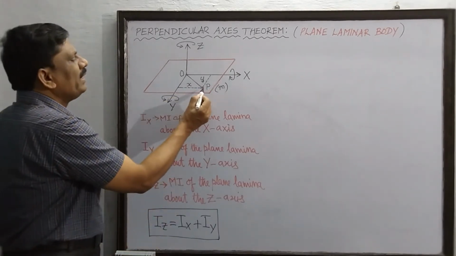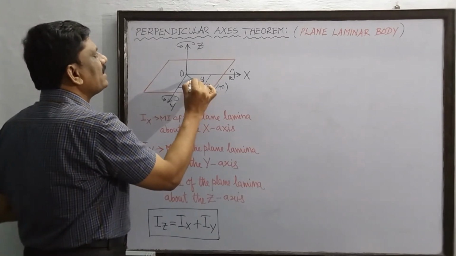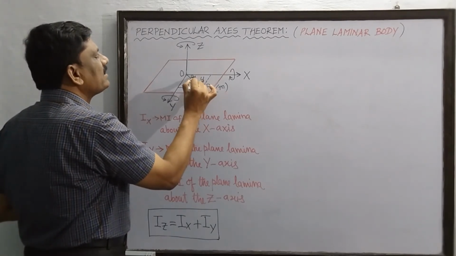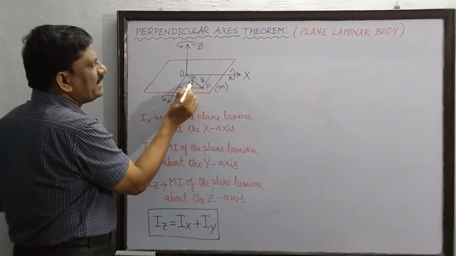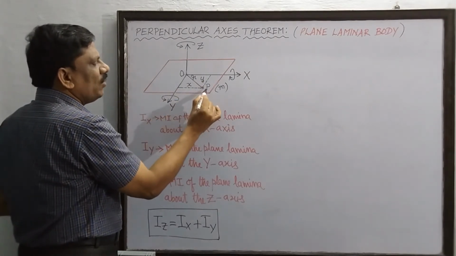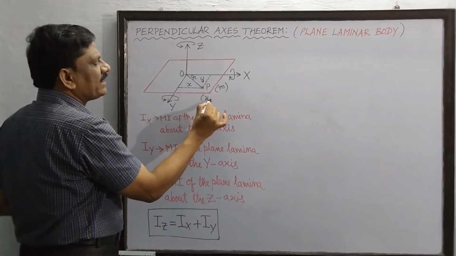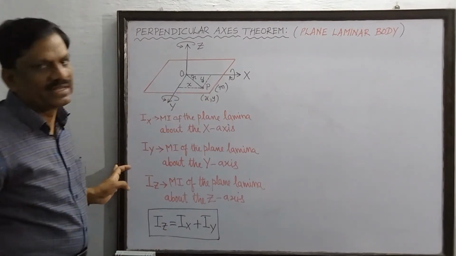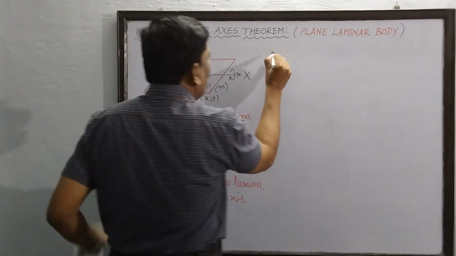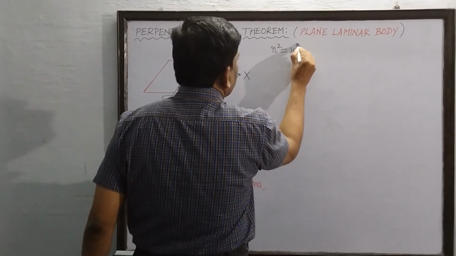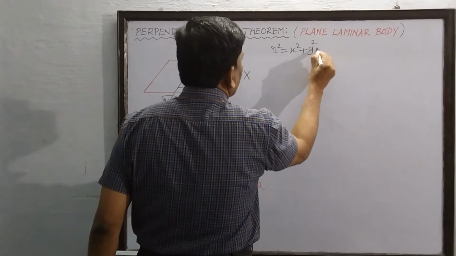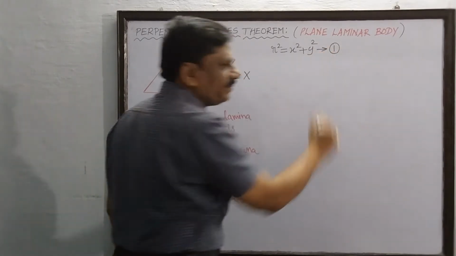You see that P is located at a distance r from O. So the length OP is equal to r, and the x and y coordinates of P are x, y. Therefore r square must be equal to x square plus y square. This is equation 1.